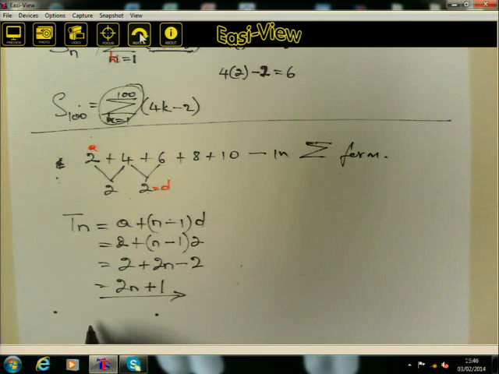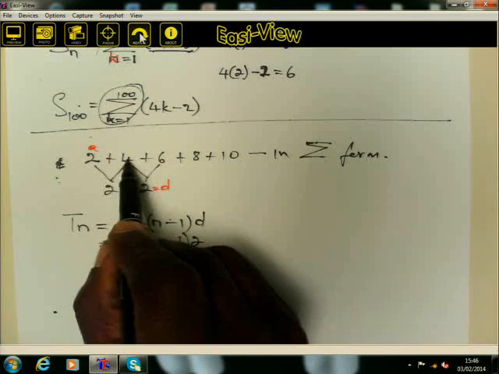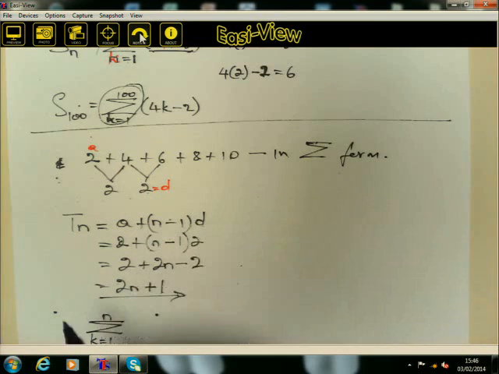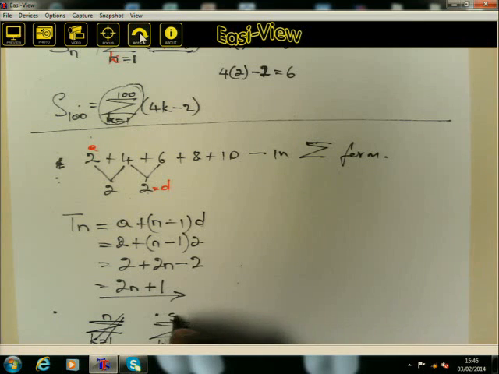Now in a sigma notation, you can write it where, let's say, k will start at 1 up to n. In this case, n will be 1, 2, 3, 4, and 5. It means now the sigma notation, k starts from 1 up to 5, because we have 5 terms there.